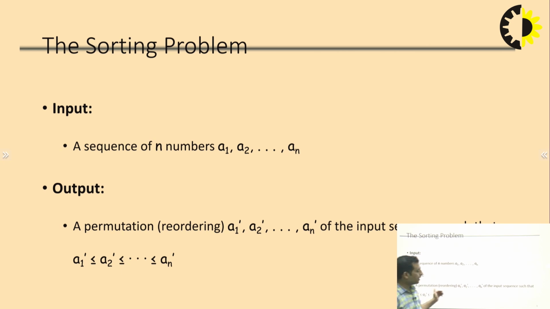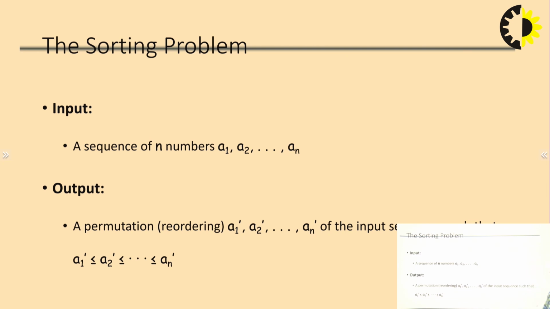Means we arrange them in increasing order. This is the output. Also we can arrange these items in descending order, so two types of output are possible, either in increasing order or in decreasing order.